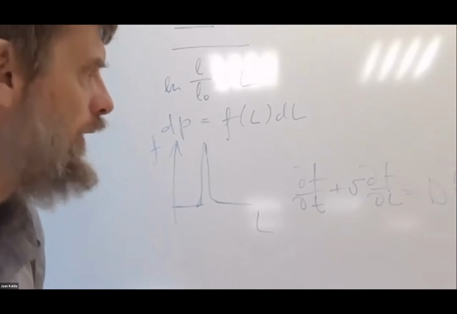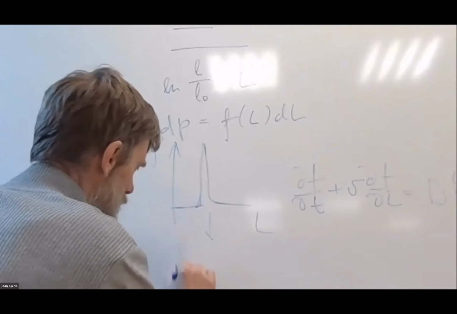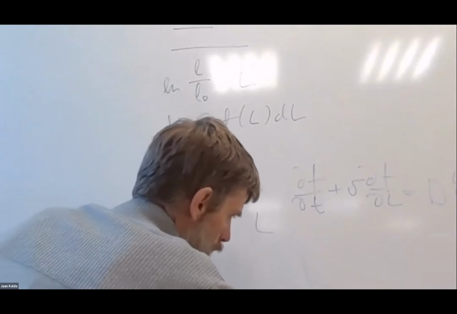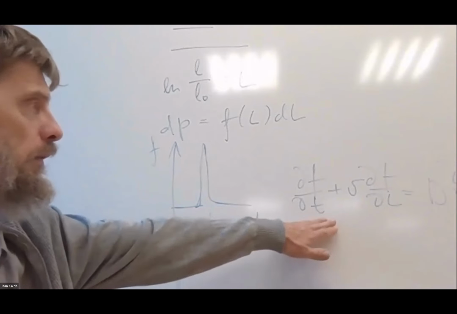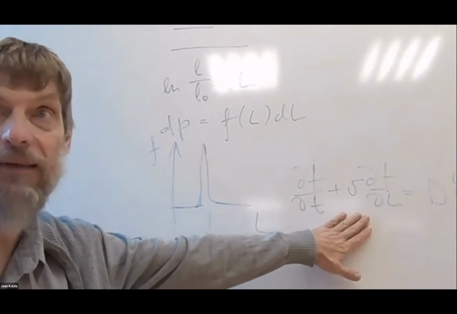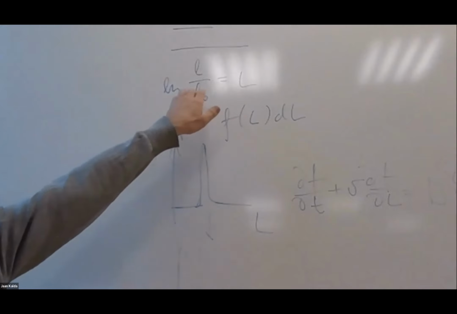All right, and then this profile here would evolve as something like a Gaussian profile. And then the talk went as follows: this equation actually cannot be exact. The reason is that we have a kind of biased random walk of the logarithm of the length.